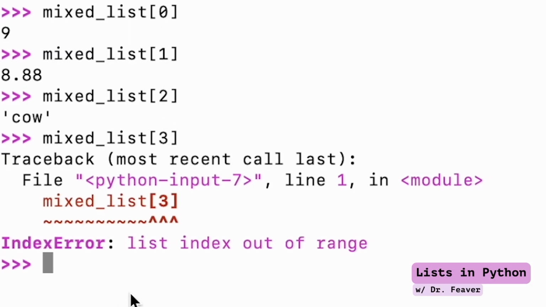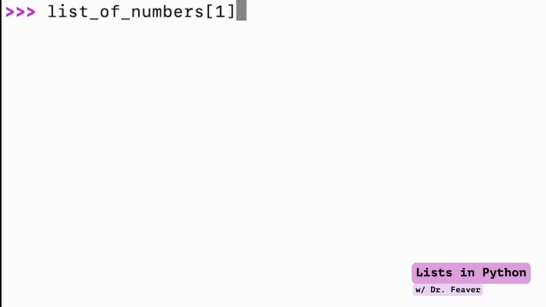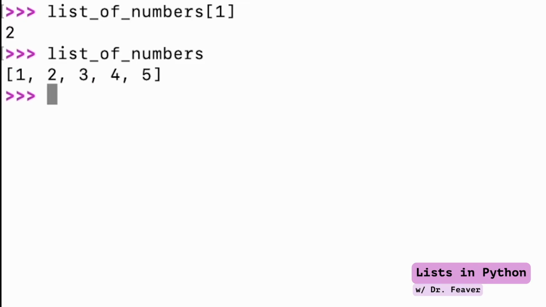Then you will get an error. So you do have to be careful. And if you put something in the square brackets that exceeds the number of values in the list, you'll get an error that says list index out of range. So if I look at list of numbers at 1, I'm saying I'm looking at the list of numbers at the index of 1. So here's our list.